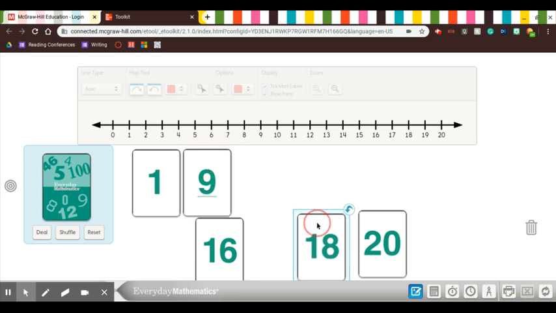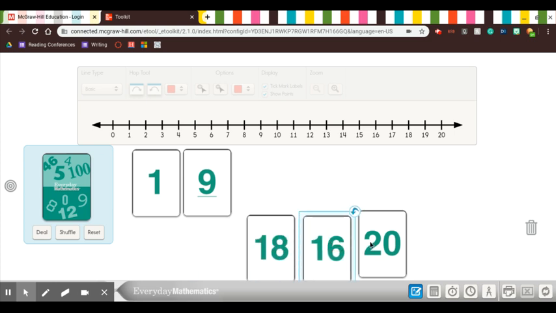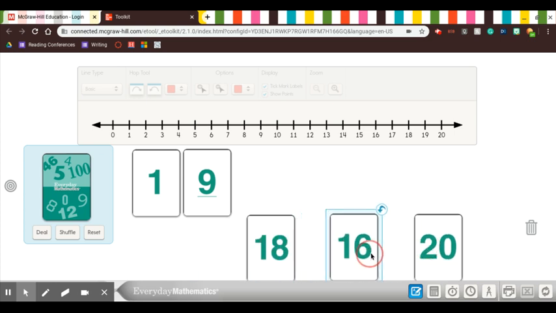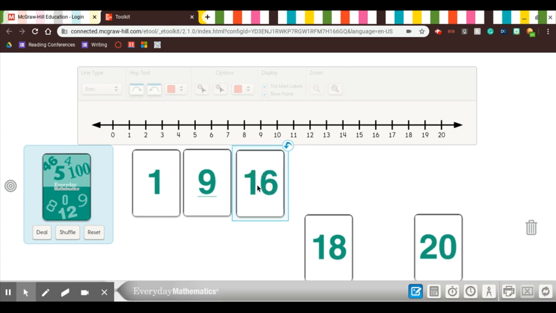All right, which one do you think is next with all of these? Here, let me move these around. What do you think? Which one? 10, 11, 12, 13, 14, 15, 16. We have a 16. 16 must be next. So write the number 16 on your line or in the third box. Now 17, 18.